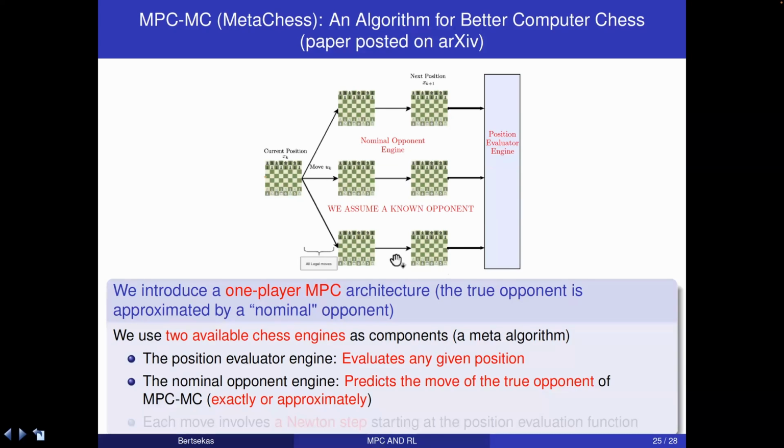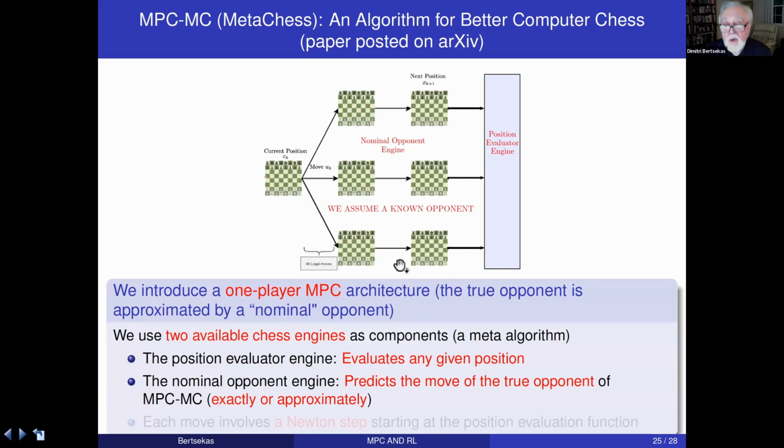Isn't that the reason why it doesn't perform well with bad players? Because you have a deviation from the model you have made of the opponent, which is a very good player. Yeah, that's a good point. What should the quality of the nominal opponent be? The nominal opponent should not be bad. Even if the actual player is bad, the nominal opponent should not be a poor player.